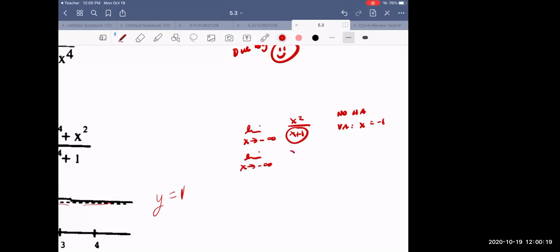If I divide, I'm going to have x over 1 plus 1 over x, right? And so it looks like it's negative infinity. Is that right? Yeah, it would be negative infinity over 1. Right, so we would just say the limit does not exist. So remember, this is the answer, not this.